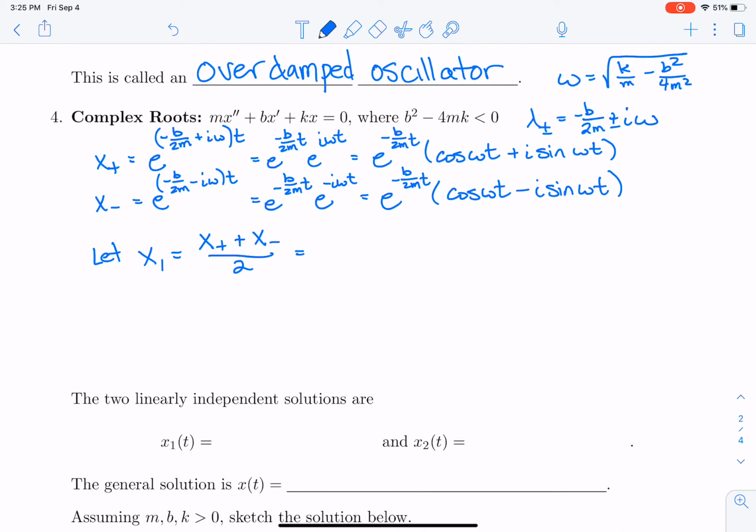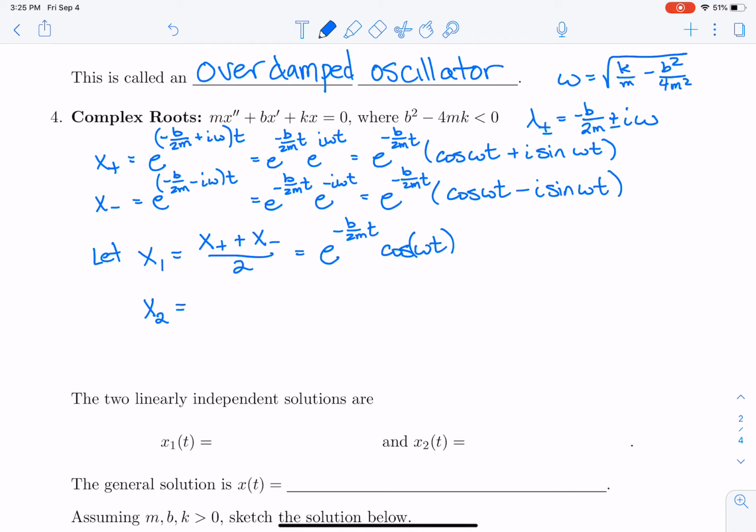In doing so, the cosines add together, and then I divide by 2, and I get e to the minus b over 2m t cosine of omega t. And the sines add together, and you get 0. So what I'm left with is just one real solution.